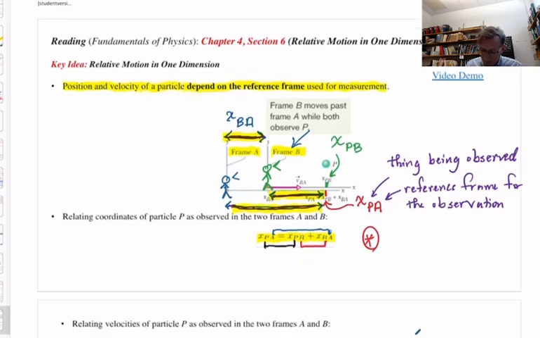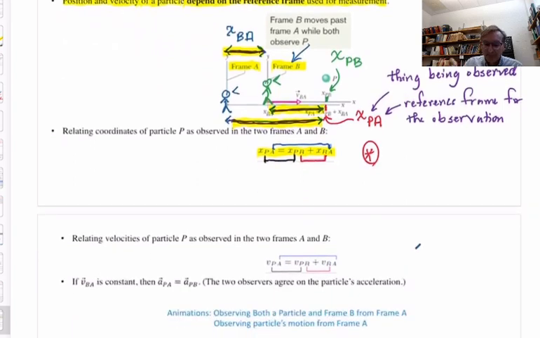Okay, now, let's go on. The formula I've marked with the red star tells us how to relate the position of a particle in A to the position of the same particle as observed in B. Sometimes I might want to know how to relate velocities. What if I measure the velocity of the particle in A and the velocity of the particle in B?